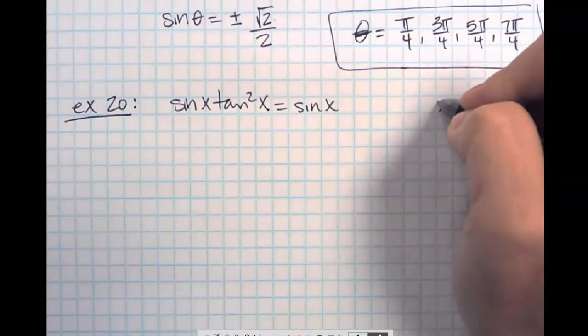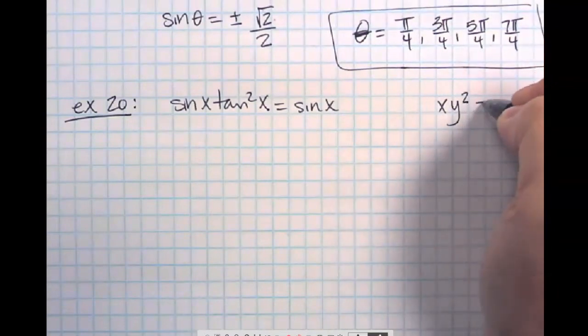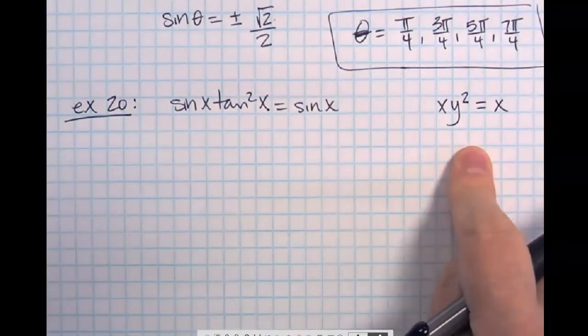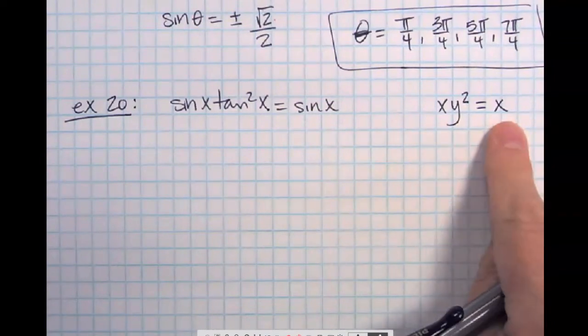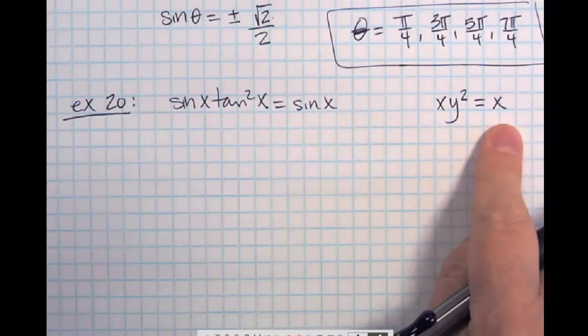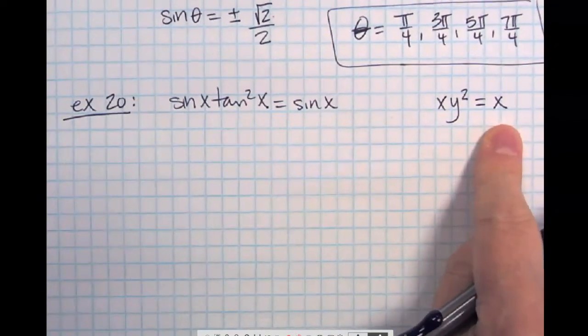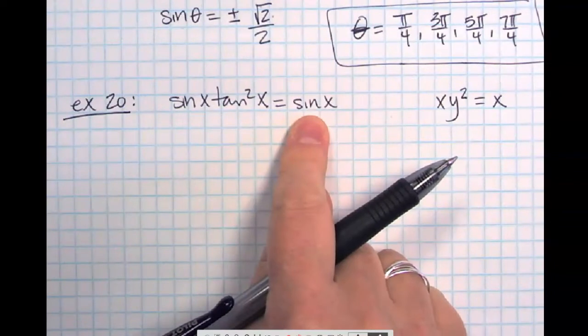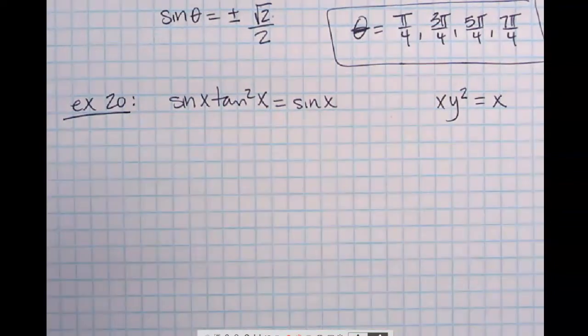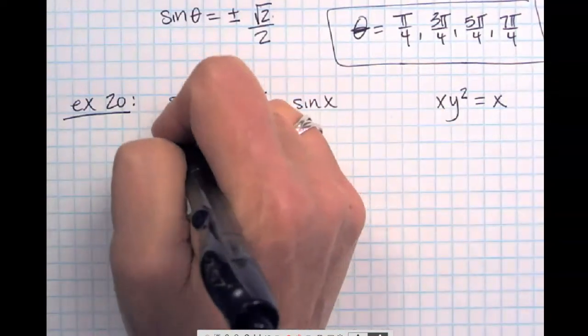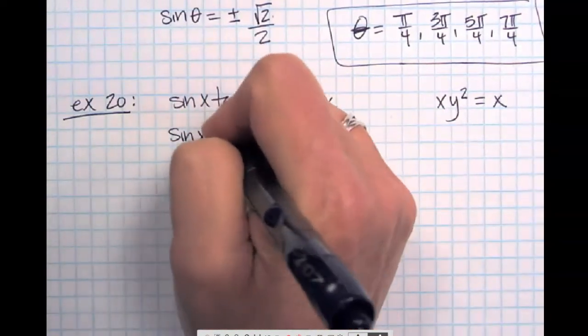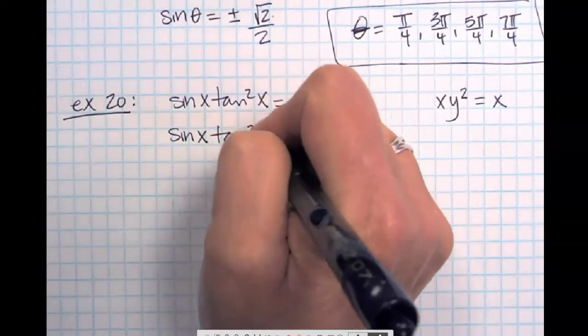What if I had xy squared equals x? Okay, I can't divide by a variable, otherwise I get rid of an answer. So I don't want to divide by sine x, otherwise I'm getting rid of a solution. But I can subtract that over and set it equal to 0. Why would I possibly want a 0 over there?